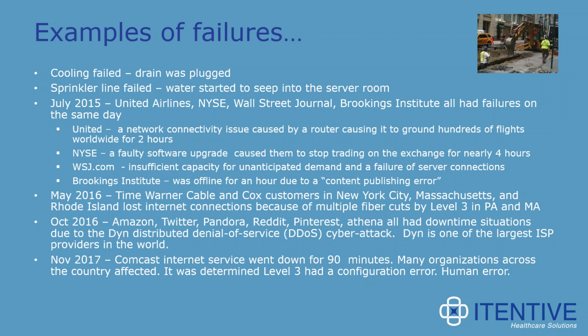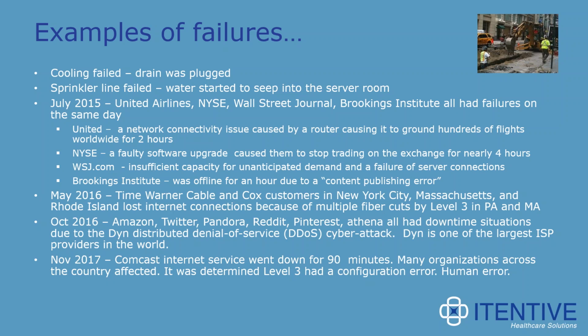And then just a few months ago, Comcast internet service went down for about an hour and a half, and many organizations across the country were affected by this outage. The outage was caused by an organization that runs the network infrastructure for Comcast called Level 3, and they had a configuration error.